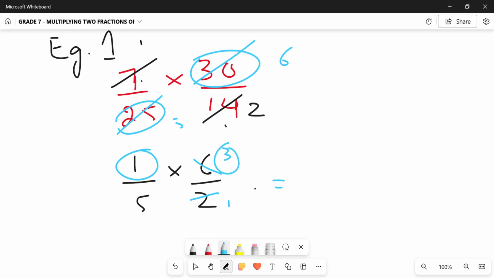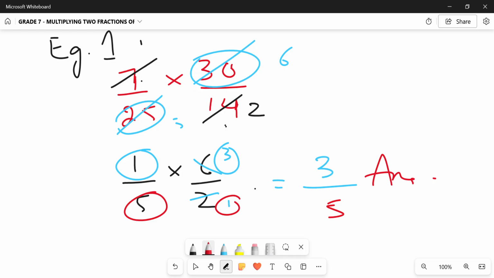So 1 times 3 gives me 3, and the denominators we are left with 5 and 1. So 5 times 1 gives us 5, right? So this is a proper form, 3 over 5, because the numerator is smaller than the denominator. We cannot divide these two numbers, right? So 3 over 5 is the final answer.